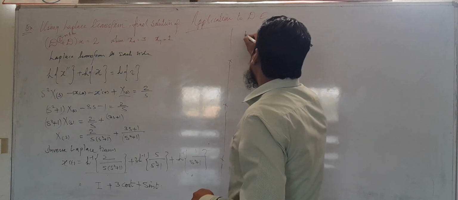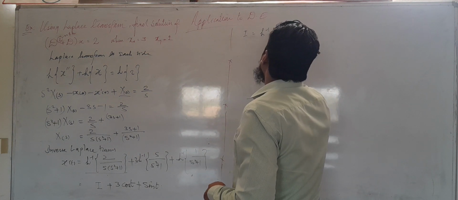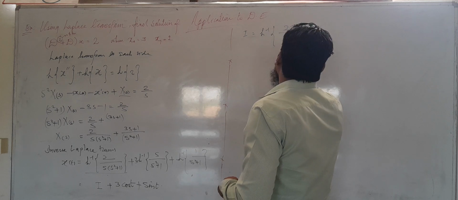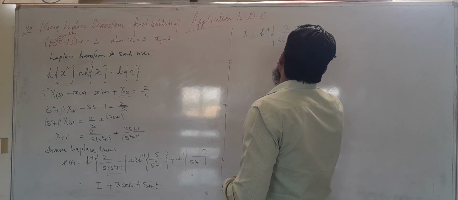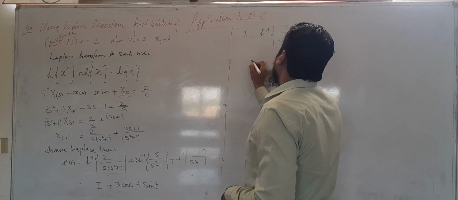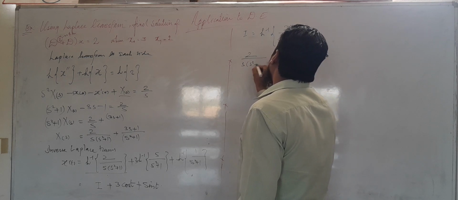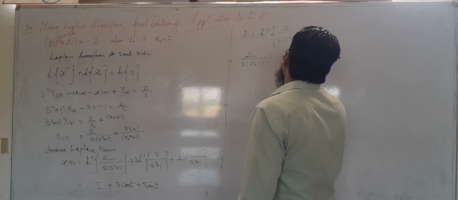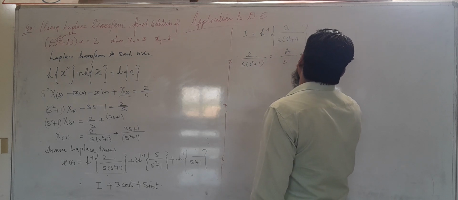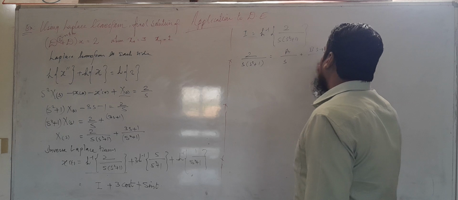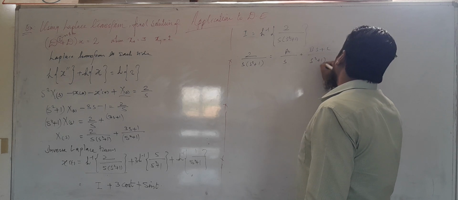Using partial fractions, 2 upon s into s square plus 1 equals A upon s plus Bs plus C upon s square plus 1.